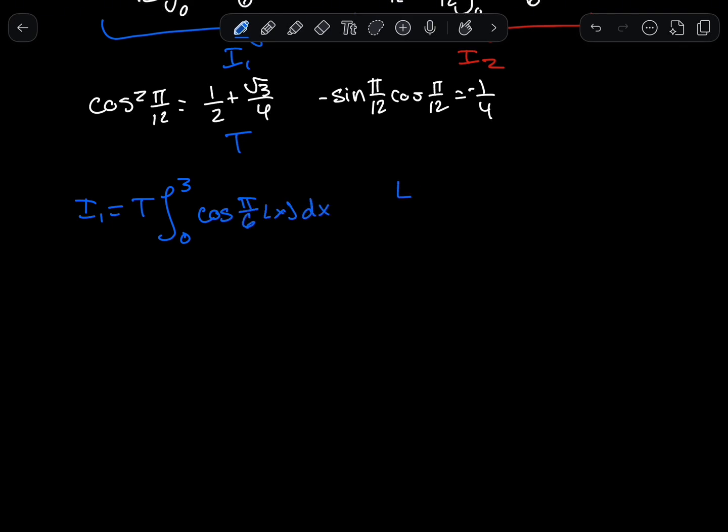Now for the floor function, that implies x is between k and k plus 1, and whenever x is in between them, the floor of x is always equal to k.